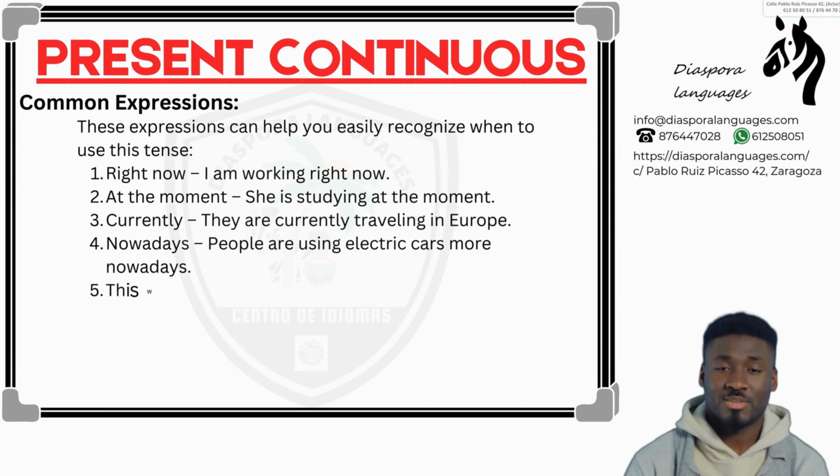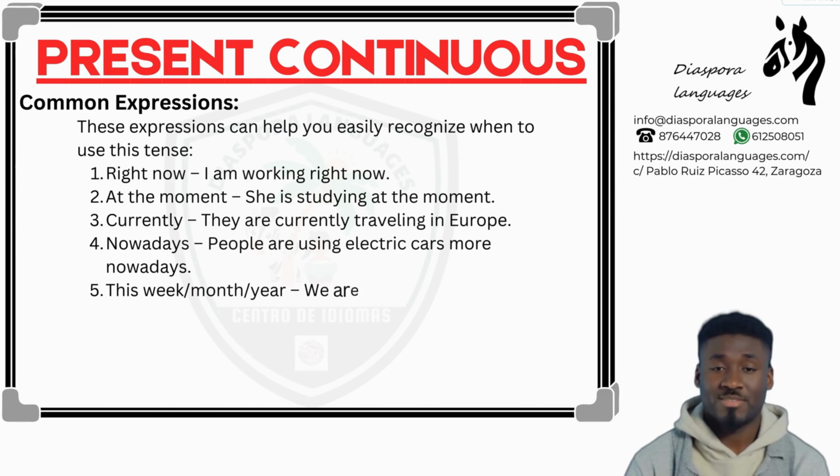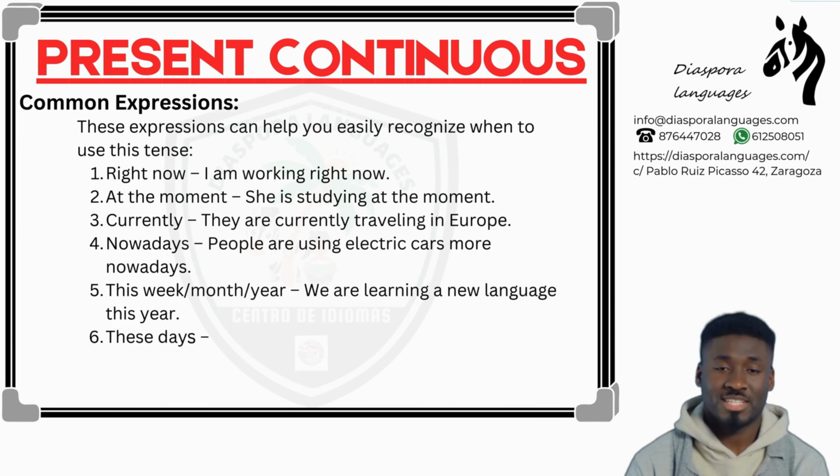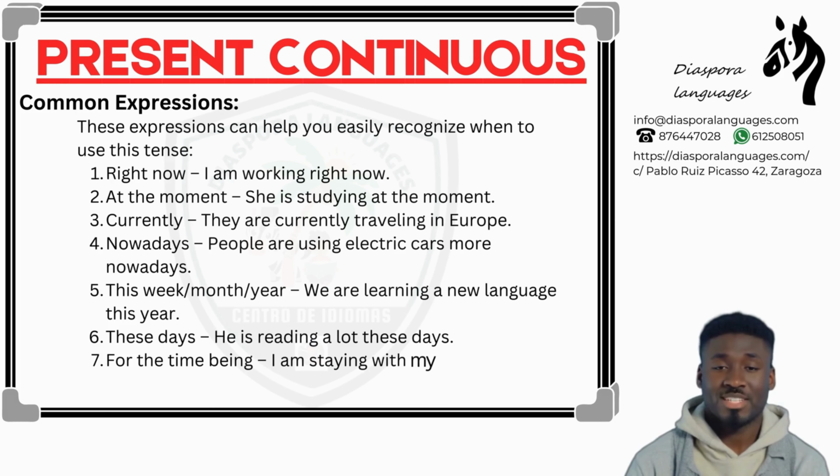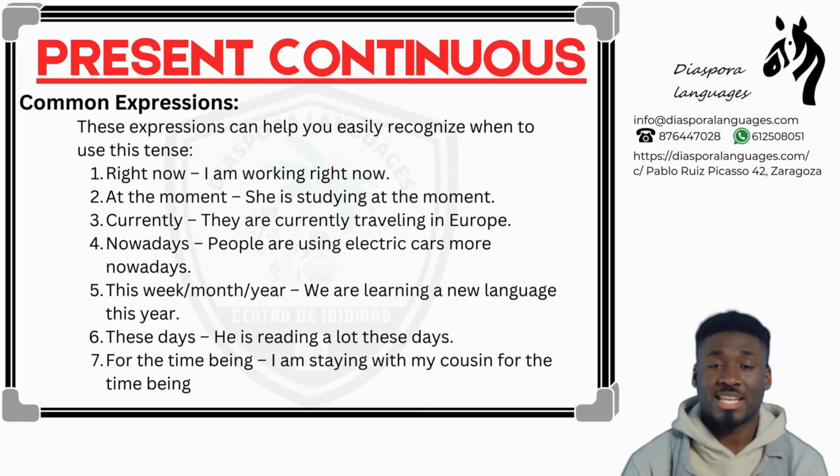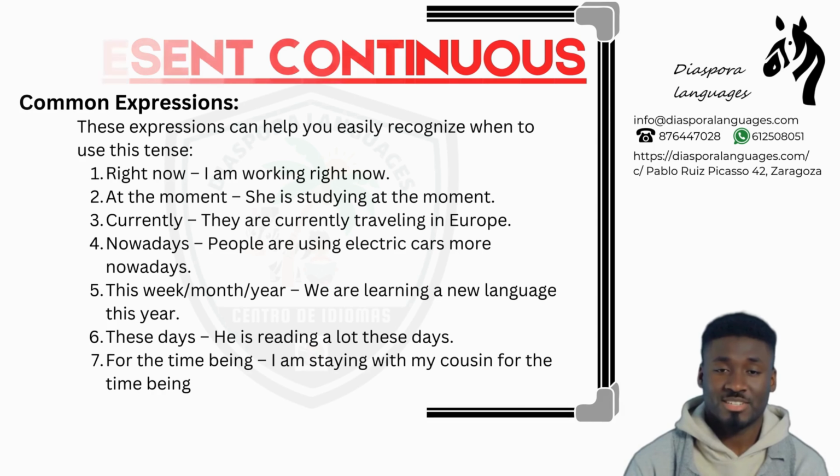People are using electric cars more nowadays. 5. This week, month, year. We are learning a new language this year. 6. These days. He is reading a lot these days. 7. For the time being. I am staying with my cousin for the time being. By using these expressions, you can easily identify when to use the present continuous in conversations.